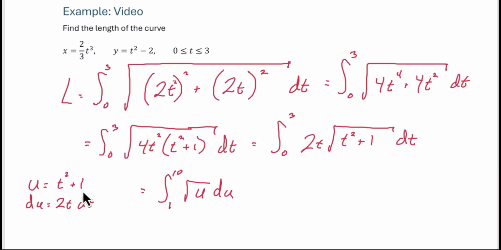So much simpler. We can now integrate this. We get 2/3 u raised to the 3/2, and we are evaluating from 1 to 10.